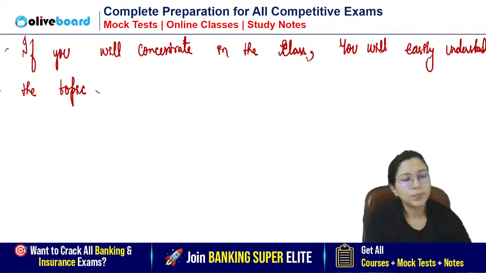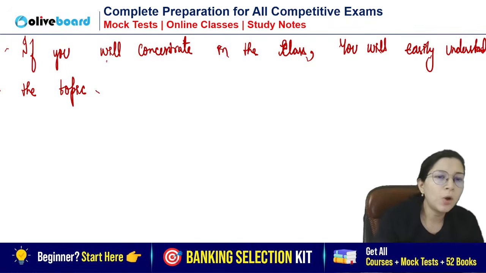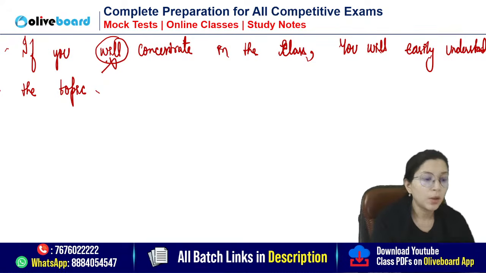What is the error here? This everybody can tell, that in the subordinate clause we will never use will or shall. This is the simplest way of asking a question.